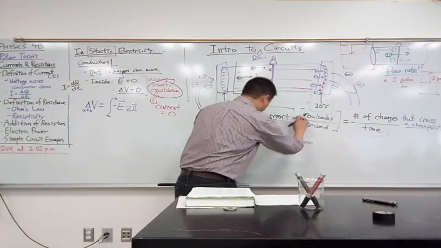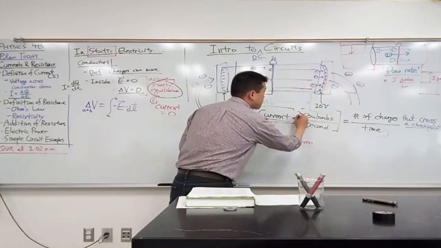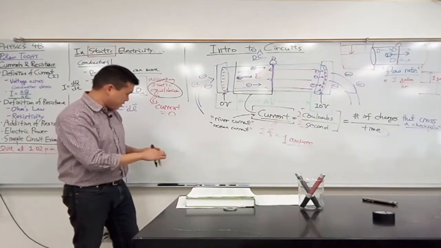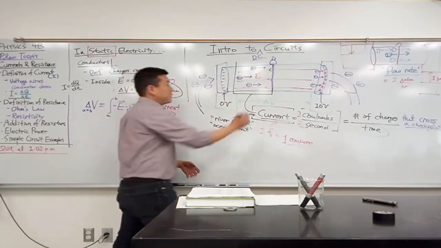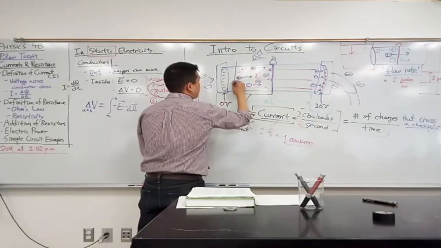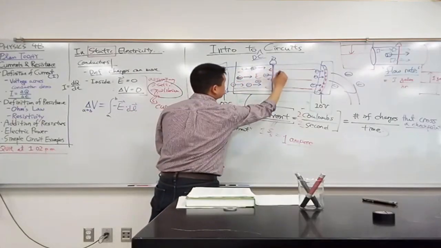So when you change time, what will change is not the current. We are going to set up the situation so that what will change is the number of charges. And this is how you can imagine it. I drew only 3 charges here, but let me draw 3 more so that I can express a little bit better what I mean. Let's say they all are moving at the same speed.